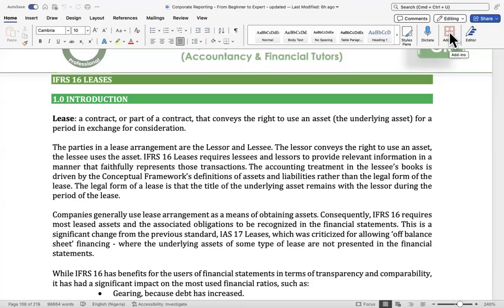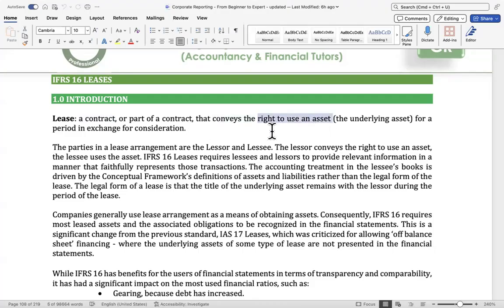So last week, we started with IFRS 16 on leases, and I made you understand that a lease is a contract that conveys the right to use an asset for a period in exchange for a consideration. So we have a scenario whereby the owner of an asset conveys the right to use an asset to another person who now has the right to use that asset.